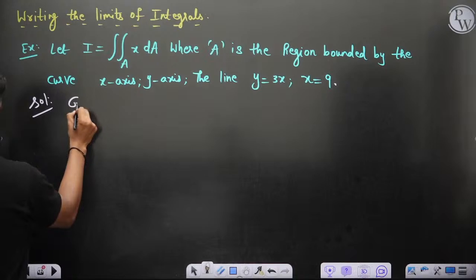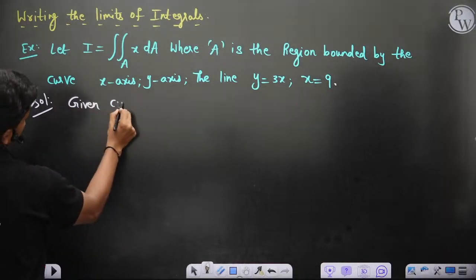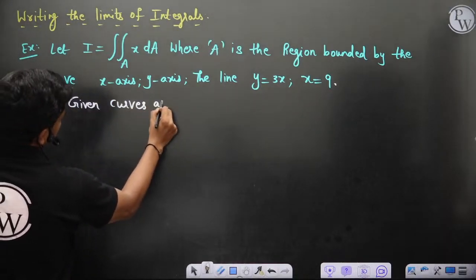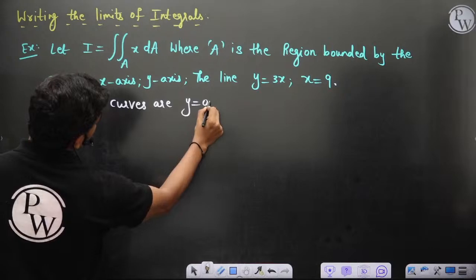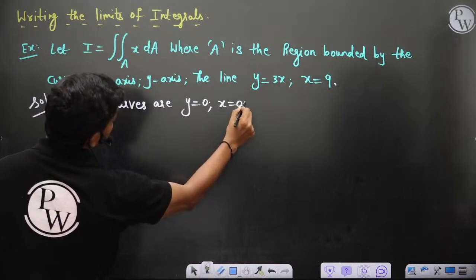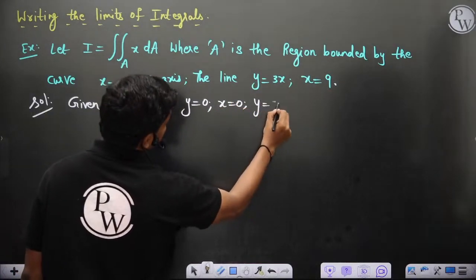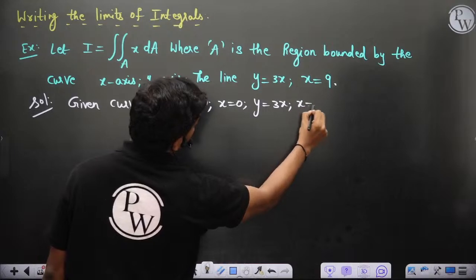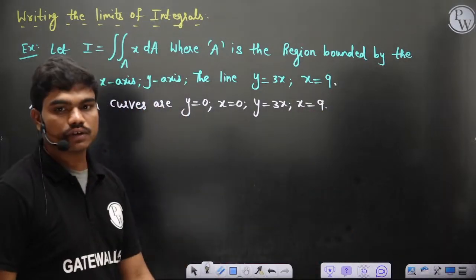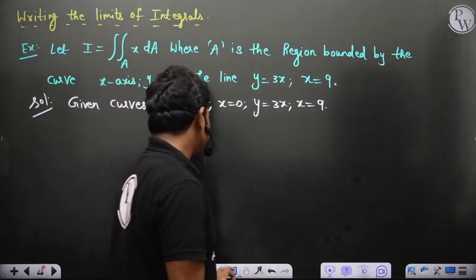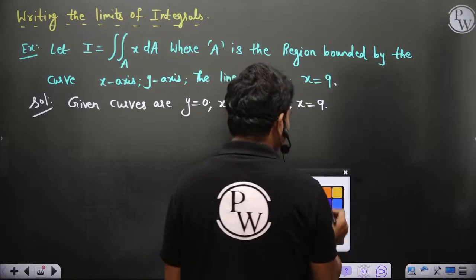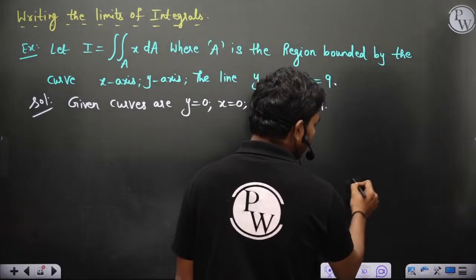First, identify the curves. Given curves are the x axis, so y equal to 0, the y axis, x is equal to 0, y is equal to 3x, and x is equal to 9, of course. So let's plot these curves. I have taken a simple example, eventually we'll complicate the examples.